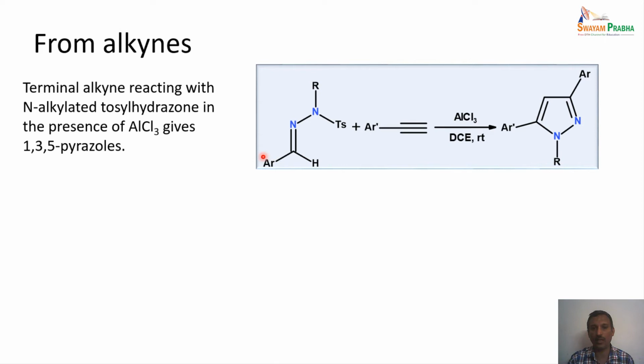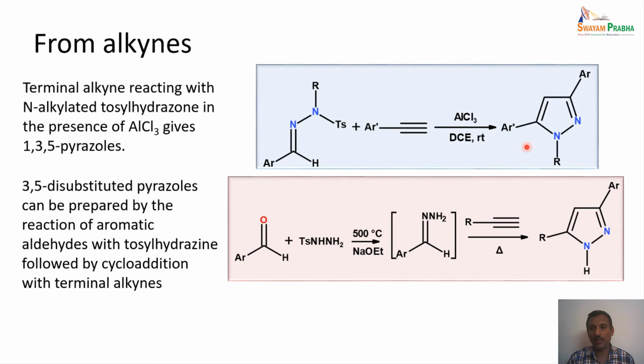Here we have one aryl unit on the tosyl hydrazine, and there is another aryl unit present on the alkyne. So both are given here in the final product. Here again this is a 1,3,5 trisubstituted pyrazole.